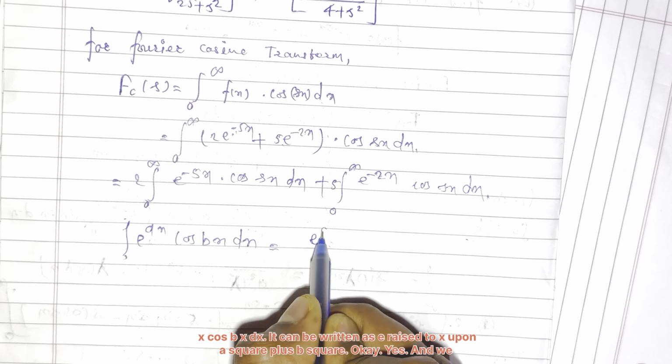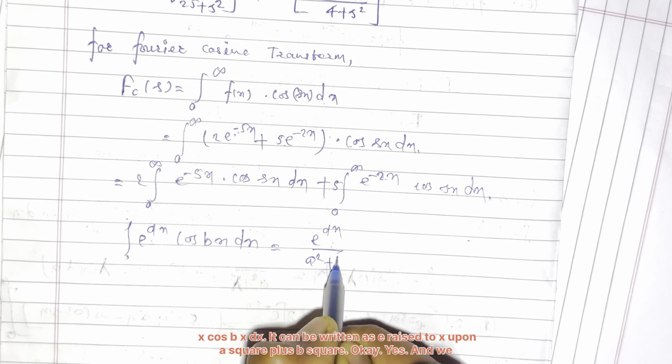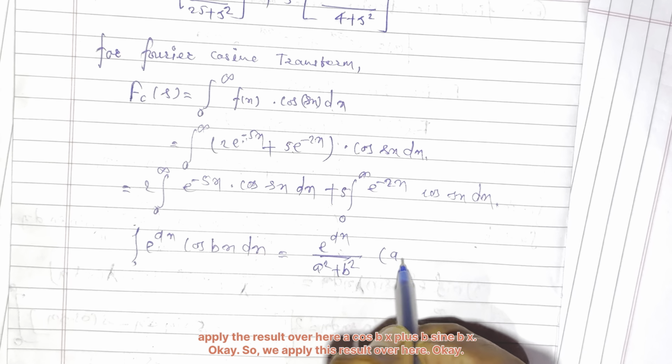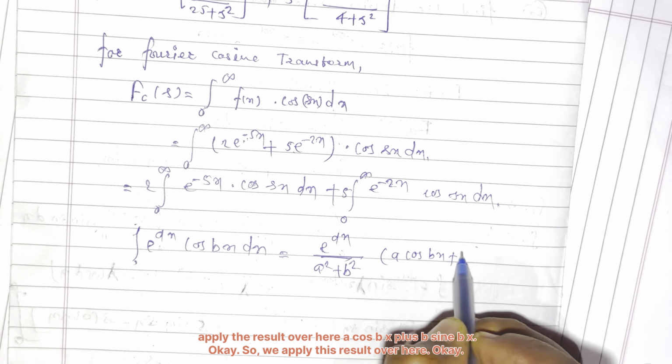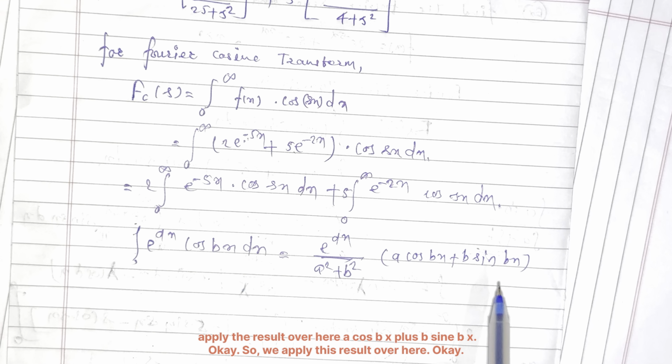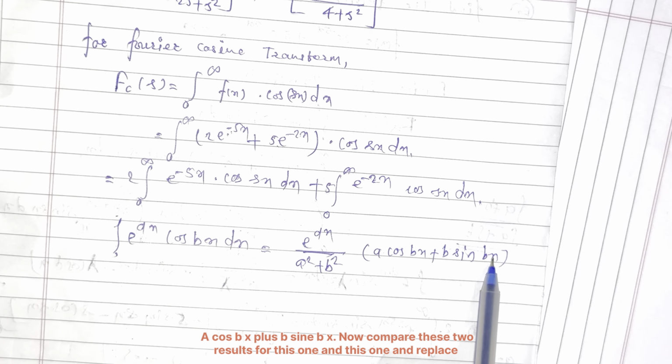It can be written as e^(ax) upon a square plus b square, multiplied by (a cos bx plus b sin bx). So we apply this result over here.